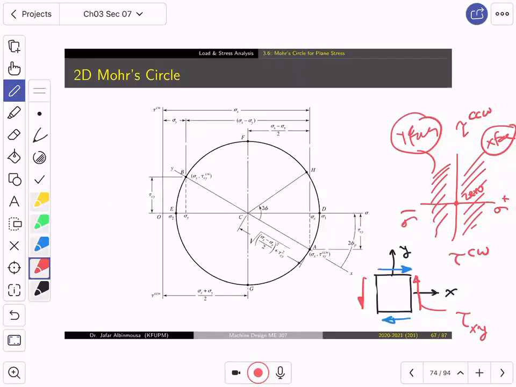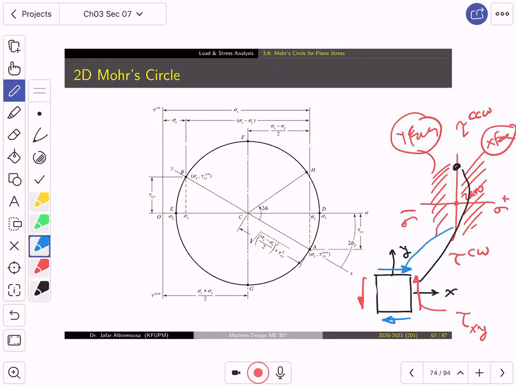The X face has a tau xy, and notice, the positive X face has a tau which is positive. Why? Because it's counterclockwise. So this red one should go in here, while the blue one will go down.